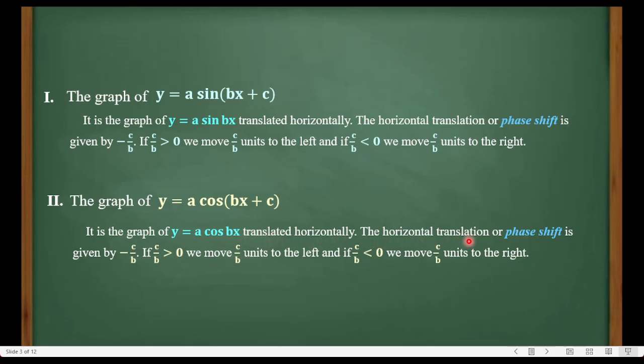The horizontal translation or phase shift is given by the formula negative of c over b. If c over b is greater than 0 or positive, we move c over b units to the left. And if the value of c over b is less than 0 or negative, we move c over b units to the right.